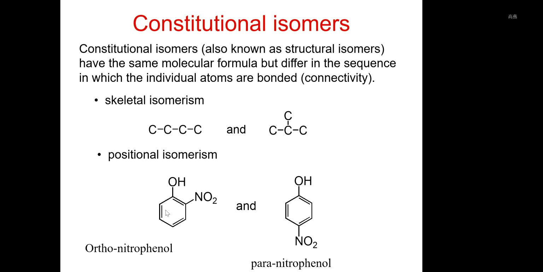So ortho means the hydroxyl and the nitro groups are adjacent, close to each other, and the one on the right we call para-nitrophenol, because the hydroxyl group and the nitro group are opposite to each other, right? So para position means the 2 groups are opposite.